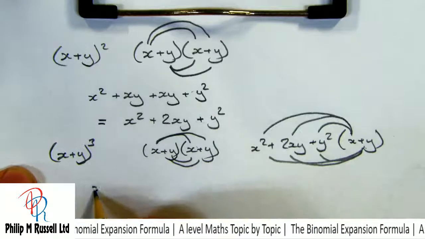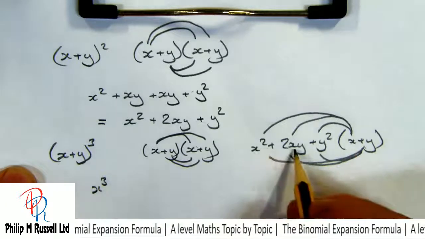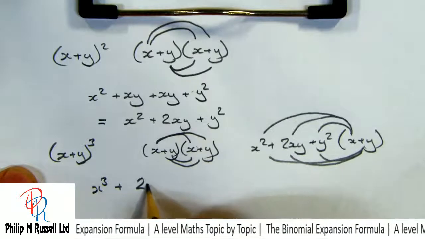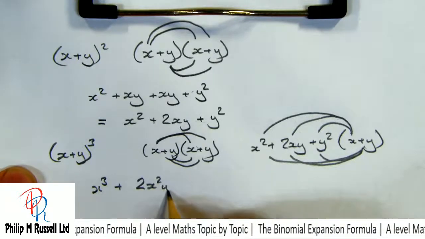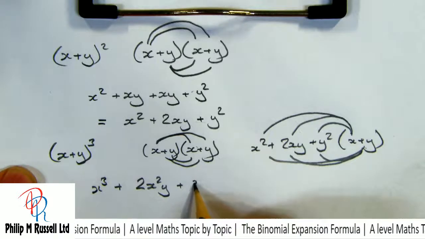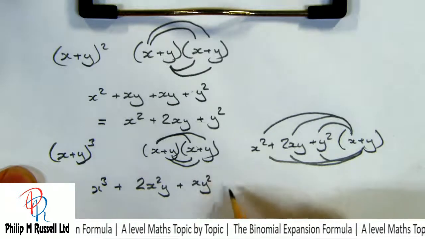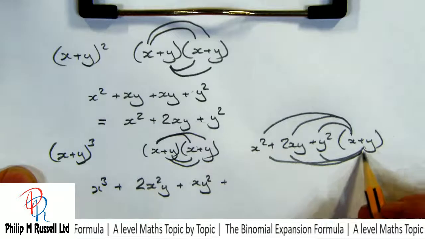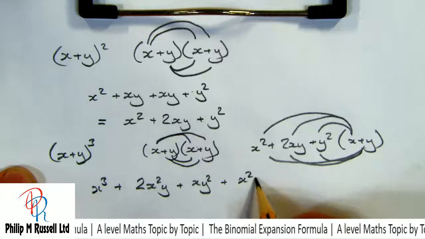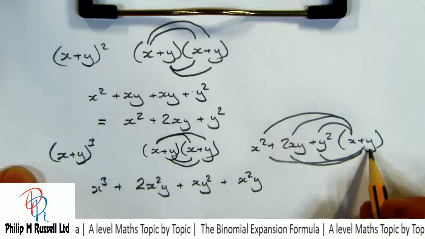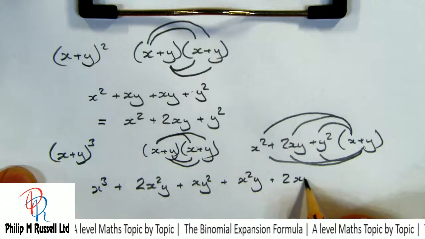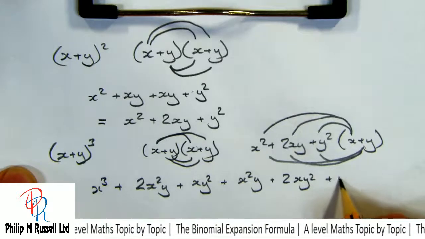We get x cubed, we get 2x squared y, plus xy squared, and then multiplied by y we get x squared y, we get 2xy squared, and then we get y cubed.